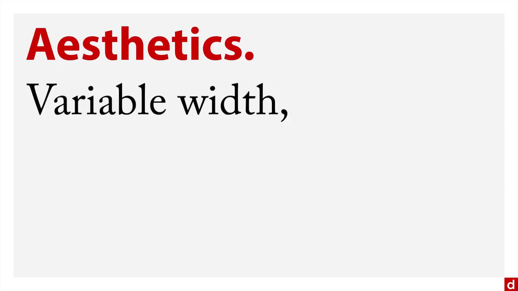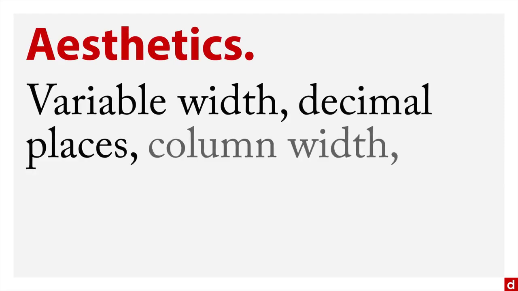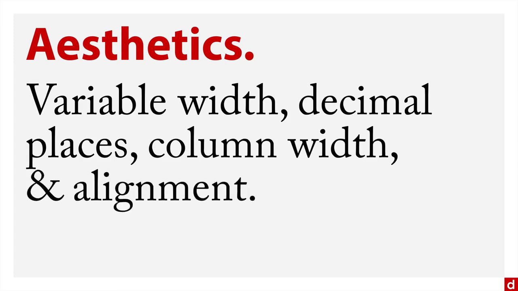Contrasted with that, there are other elements that you can call aesthetics, and that addresses variable width, decimal places, column width, and alignment. And these are all settings within the data window of SPSS. One of the most important, though, at least for human consumption, is going to be the variable and value labels. And so I'm going to take a little time and talk about those.